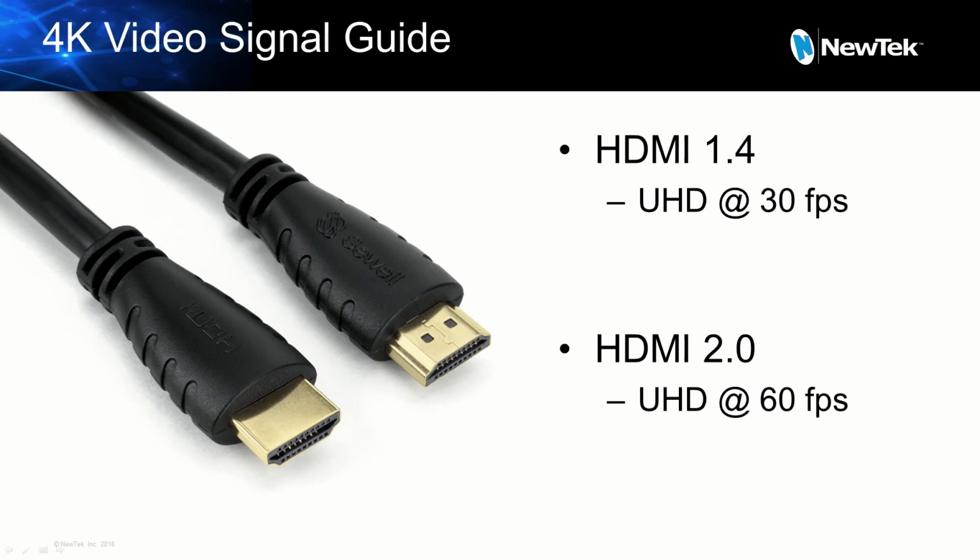So all I can tell you is make sure you buy the appropriate type of cable you need. Make sure you label that cable so that you know what it is, because if that cable gets coiled up and thrown on the pile with other cables, at that point you're never going to know again what kind of cable it is, because few of these cables are labeled that way. And I would tell you it is needed. If you need to do 60 frame rate, you do need an HDMI 2.0 cable. A 1.4 cable is not going to handle it.